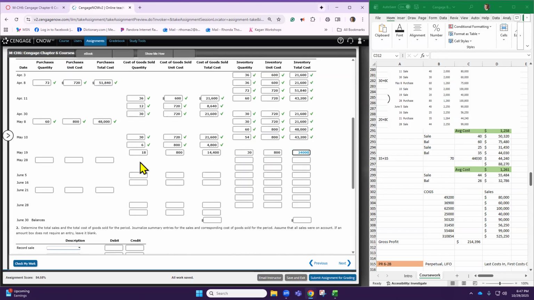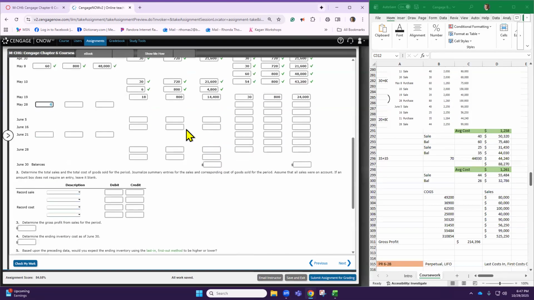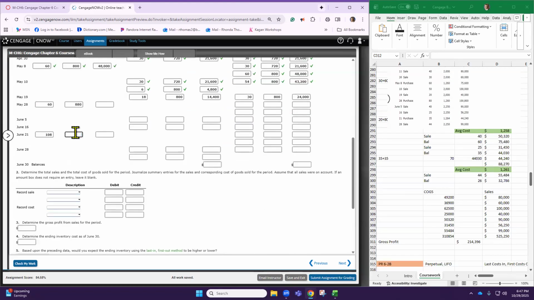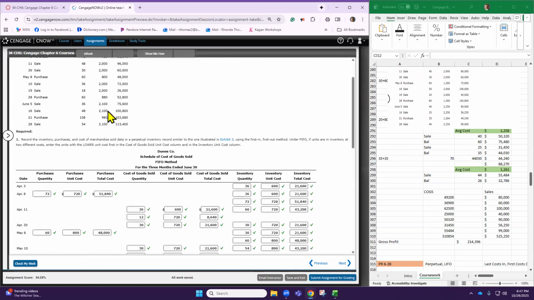All right. So now we're going to sell. Nope, we're buying more. So this is the third purchase. The third purchase is 60 at $880. I'm going to go ahead and put in my last purchase will be 108 at $960, so I don't have to scroll back up, and then I can put in what they say it is.